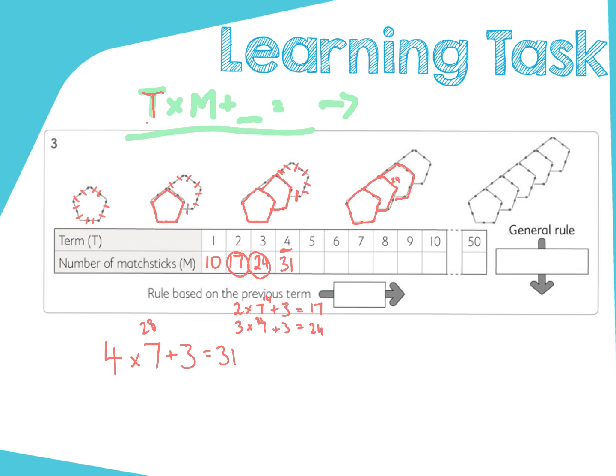Now, I'm going to add on the extra ones. 24, 25, 26, 27, 28, 29, 30, 31. 31 works, okay? And this way, I can work out the next one. I can go 5 times 7, because I know my pattern works now, plus 3. Well, 5 sevens are 35, plus 3, 35, 36, 37, 38. All right? So straight away, 38.